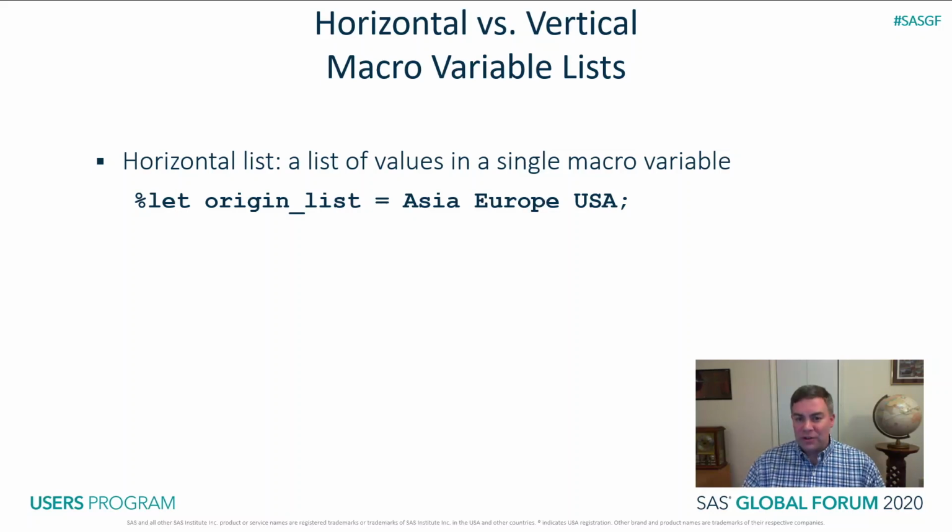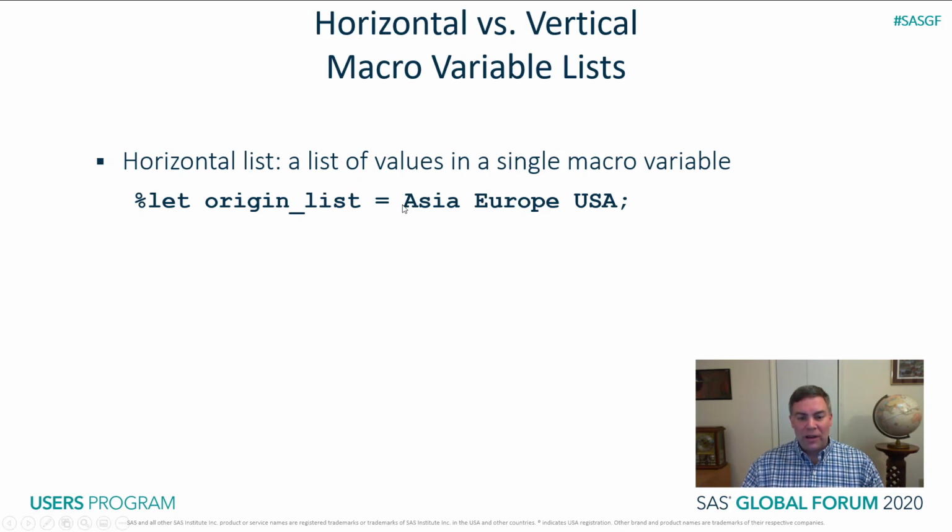A horizontal macro variable list consists of a list of values all stored in a single macro variable. For example, let's say we wanted to store these three values. These are the unique values of the variable Origin from the dataset sashelp.cars, the vehicle origin: Asia, Europe, and USA. Let's say we wanted to store those three values in a single macro variable.